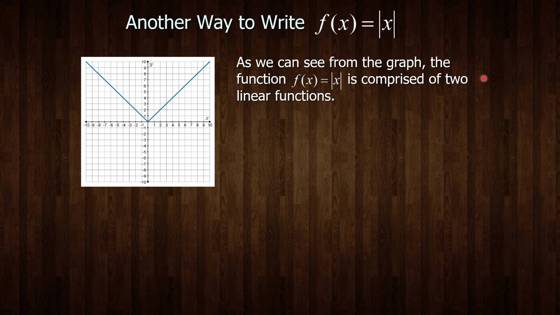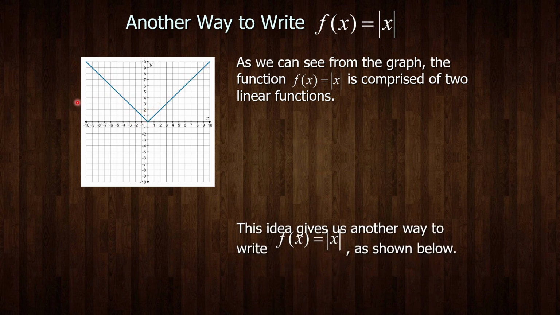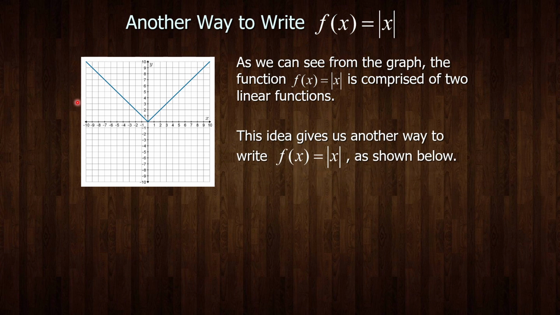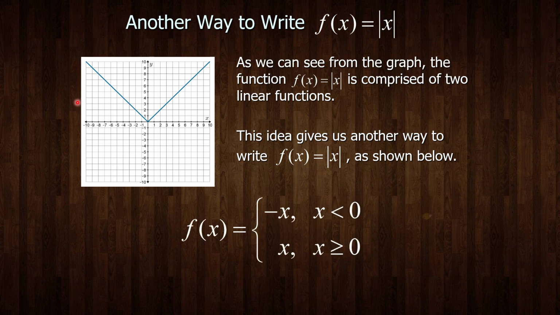We have one line in the quadrant up here, and we have another, different line in this quadrant here. Because of that, we can actually describe this function using 2 different lines. So the idea here gives us another way to write the absolute value as shown below, and that is that. Now, that might look a little bit strange, but let's just think about this for a minute.